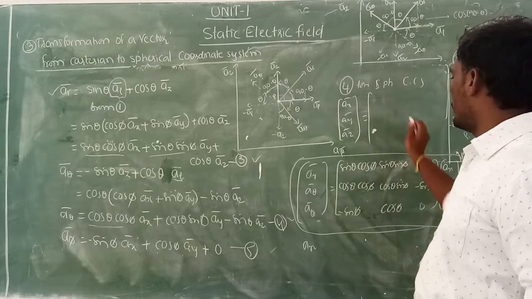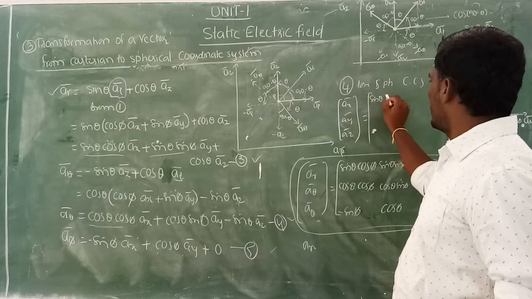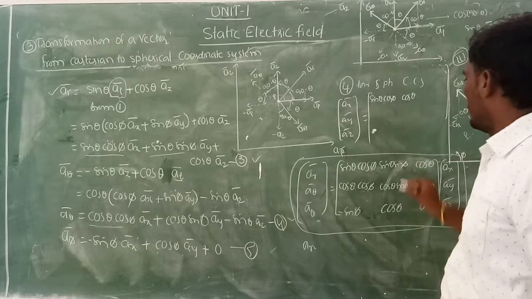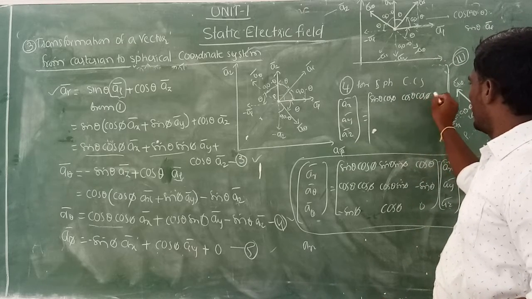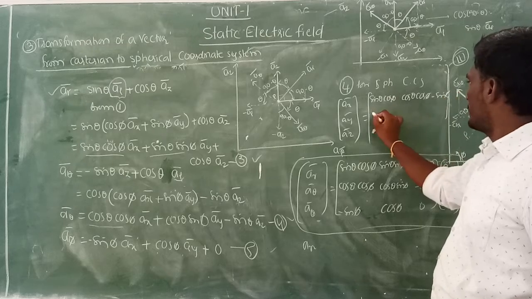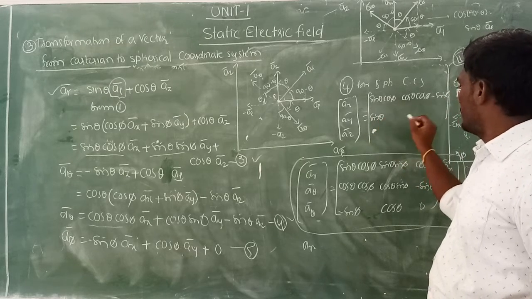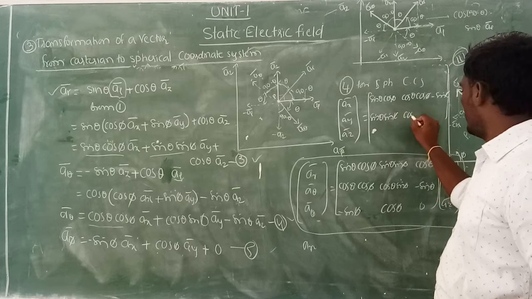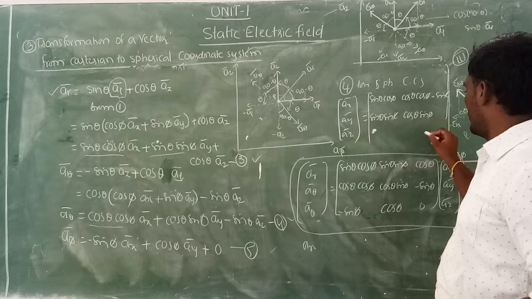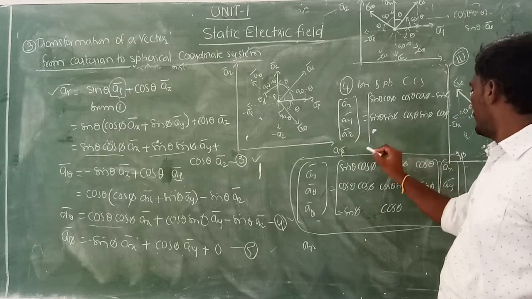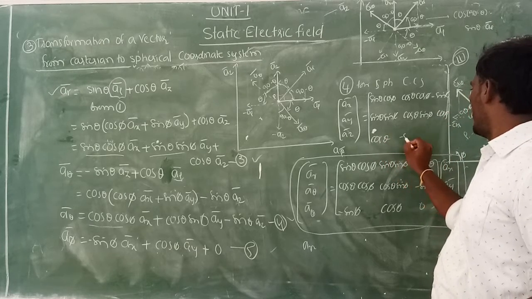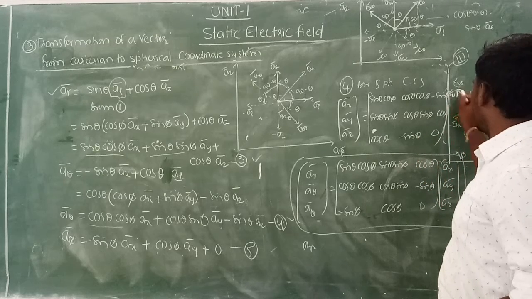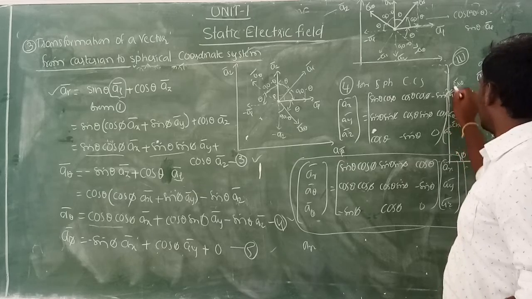Rows and columns: sin theta cos phi, cos theta cos phi, minus sin phi; sin theta sin phi, cos theta sin phi, cos phi; and cos theta, minus sin theta, and 0. Variables a r bar, a theta bar, a phi bar.